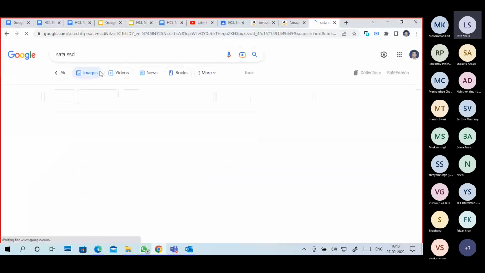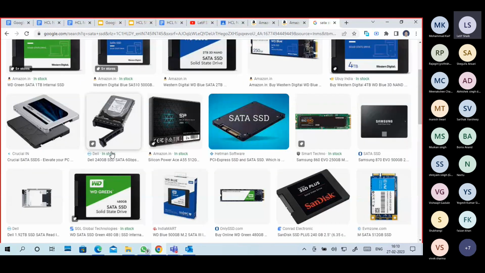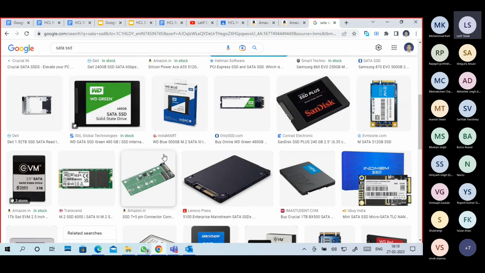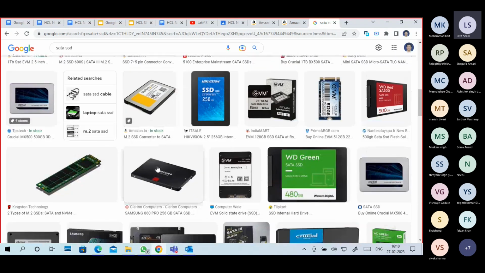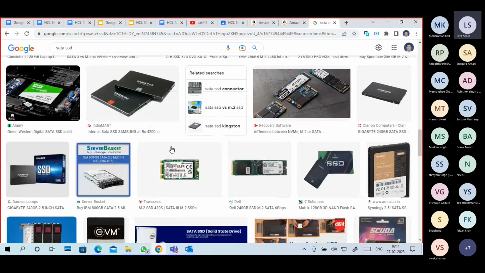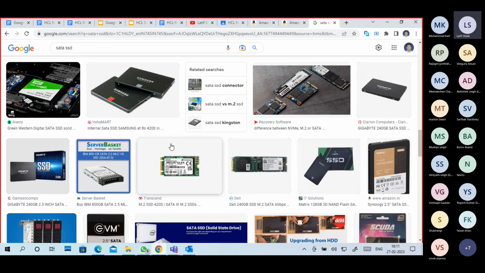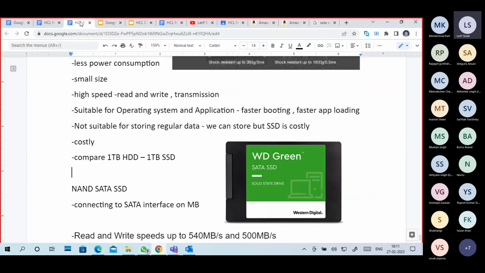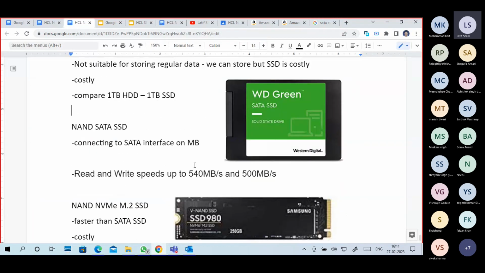SATA type SSDs we can connect like a SATA hard disk. You don't feel much speed of data, but it is still good compared to a SATA hard disk. We can connect it directly, the same way you connect a SATA hard disk.